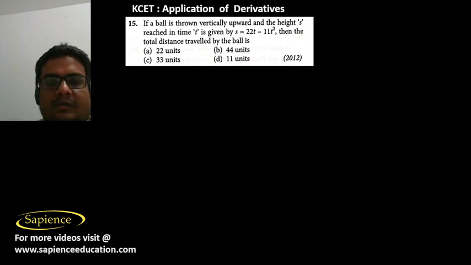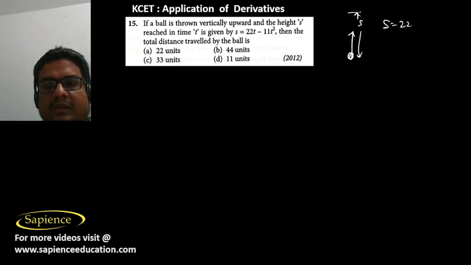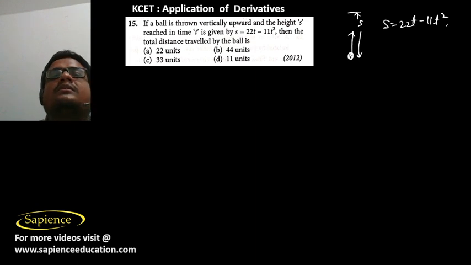Then question number 15. It is told that if a ball is thrown vertically upwards, the height s is reached at time t.